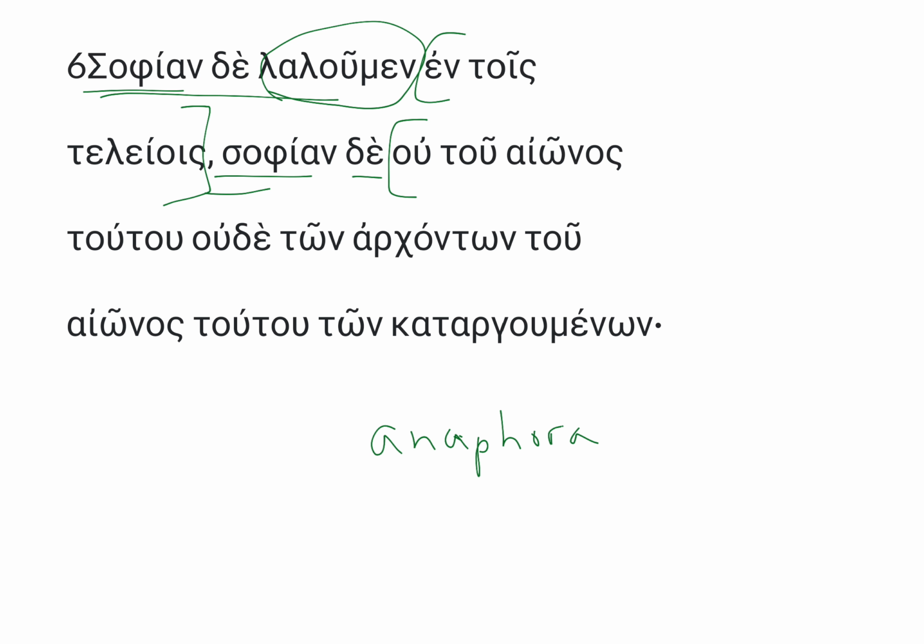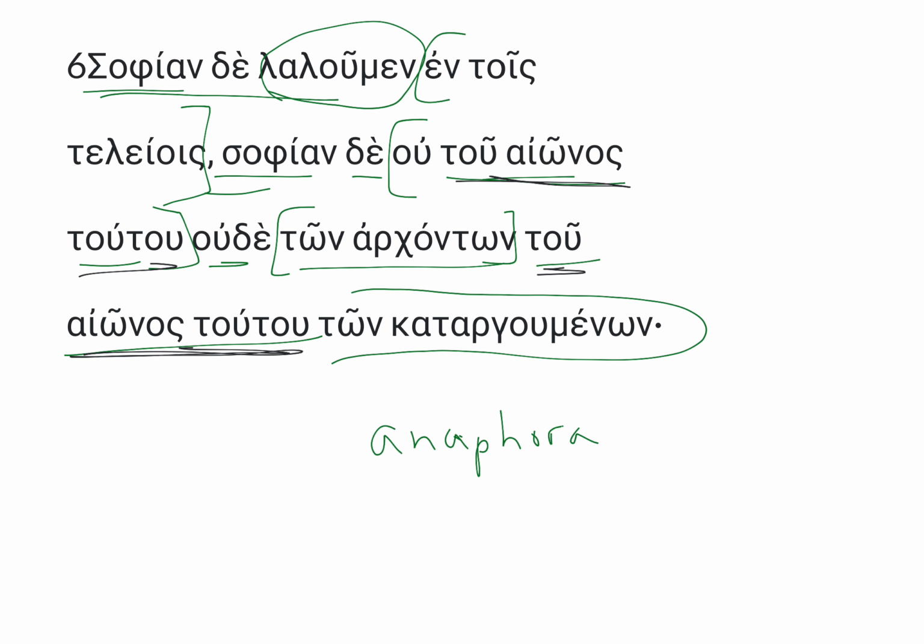It is a wisdom that is not of this age, tou aionos toutou, or of this world, nor is it of the rulers of this world, tou aionos toutou. Notice how this expression is repeated. And it is those rulers, ton archonton, who are passing away, perishing, coming to naught, ton katargoumenon.